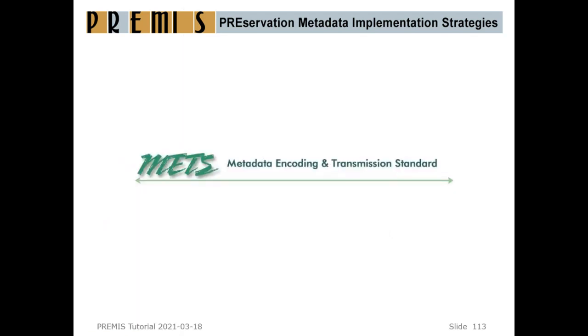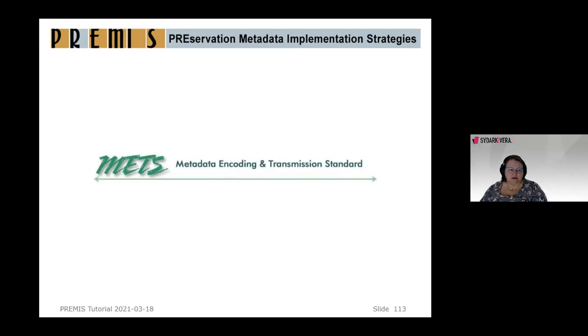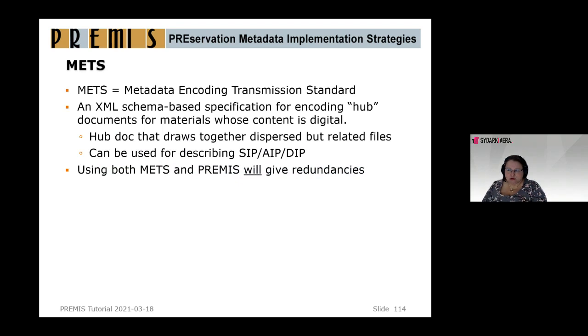PREMIS is in many cases used together with METS. METS is the acronym for the Metadata Encoding and Transmission Standard, and it's totally about being a hub document for digital material. You can use it to describe the SIP, AIP, and DIP in the OAIS reference model if you want to.